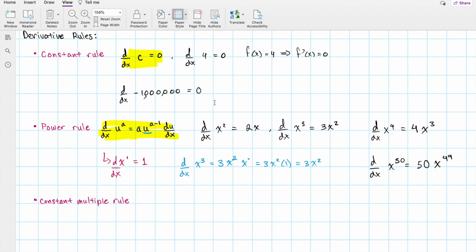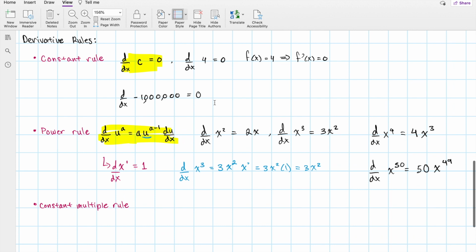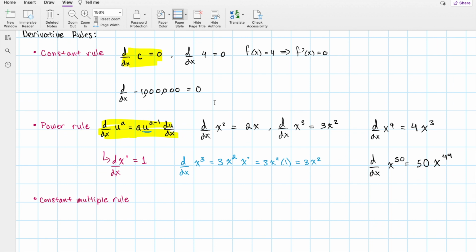Okay. Constant multiple rule. So this one is going to take everything we just learned and put it all together. The constant multiple rule says that if you have the derivative of some constant multiplied by some variable or some function, in our case we're going to talk about a variable, it's going to equal a times du over dx.